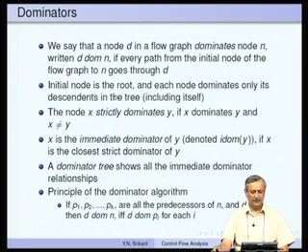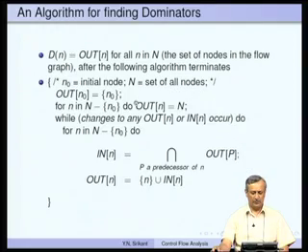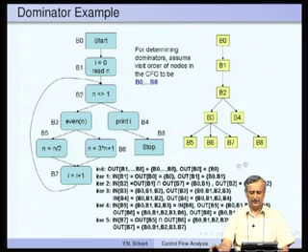The initial node is the root and each node dominates only its descendants in the tree. So, we are going to represent the dominator information in the form of a dominator tree. This is the root of the tree, the initial node, which always dominates all the nodes in the tree, and the way the tree information is maintained, each node dominates only its descendants.